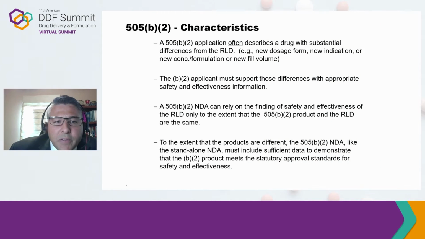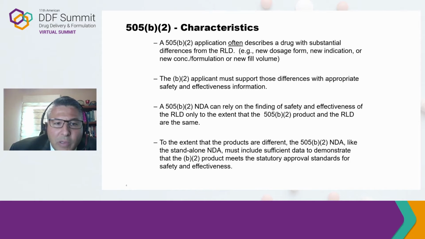So 505(b)(2)s at a high level, basically the application describes a drug with substantial differences from the reference listed drug. It could be a new dosage form, a new indication, new concentration, formulation, or a new fill volume. And the applicant is supporting these differences in that application with appropriate safety and effectiveness information from the brand.